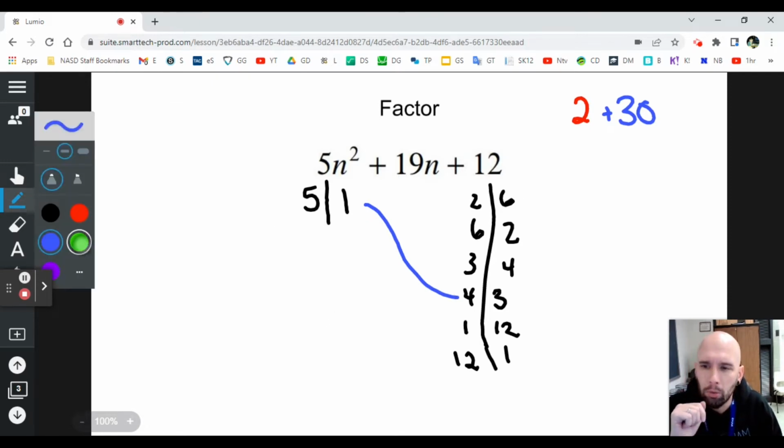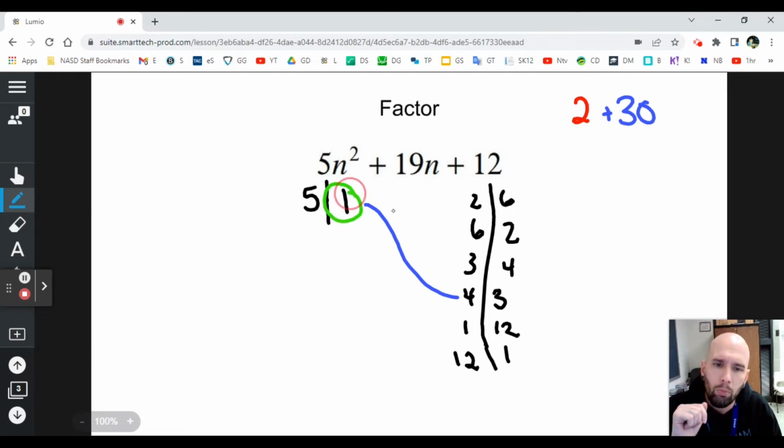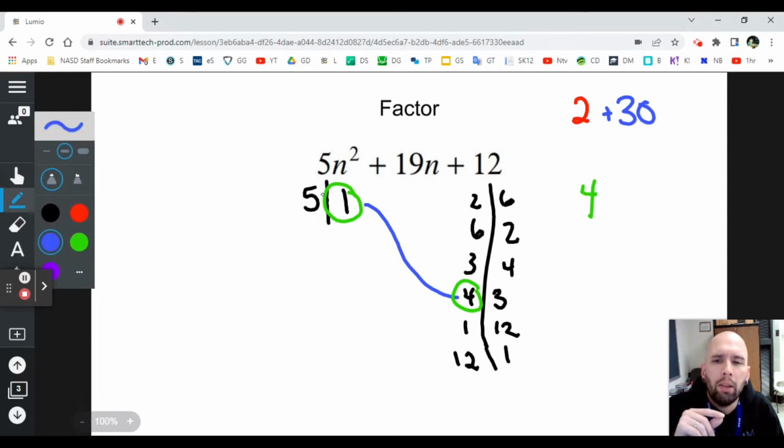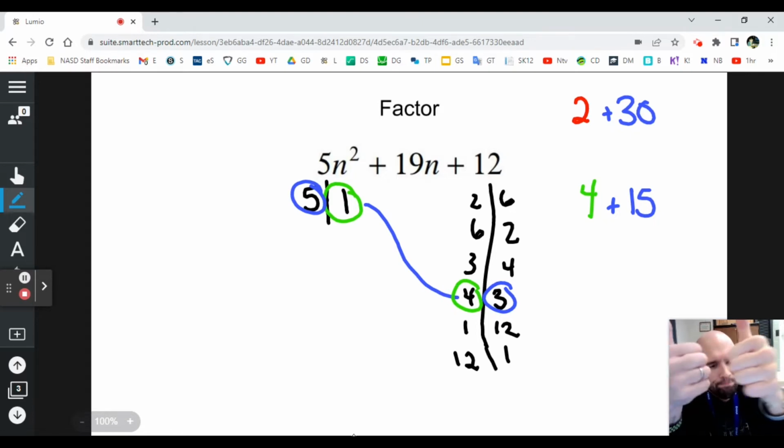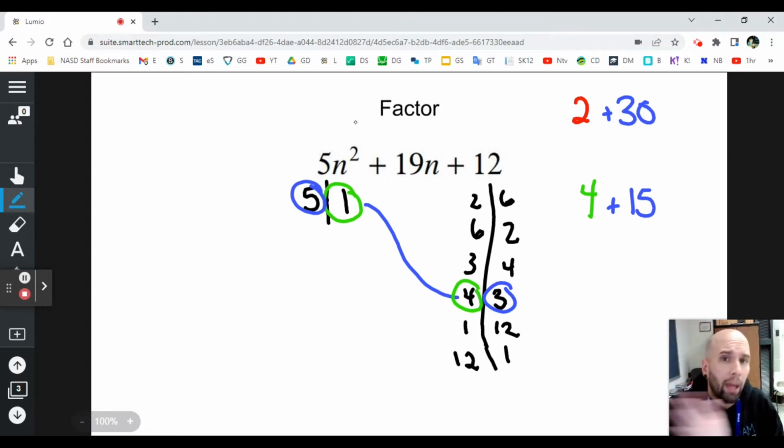Multiply the inside numbers. 1 times 4 is 4. Okay. Multiply the outside numbers. 5 times 3 is 15. Okay. Add them up and see if I get 19. I got 19. So what does that mean?